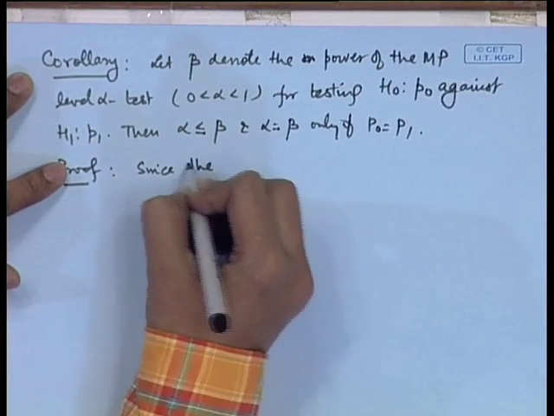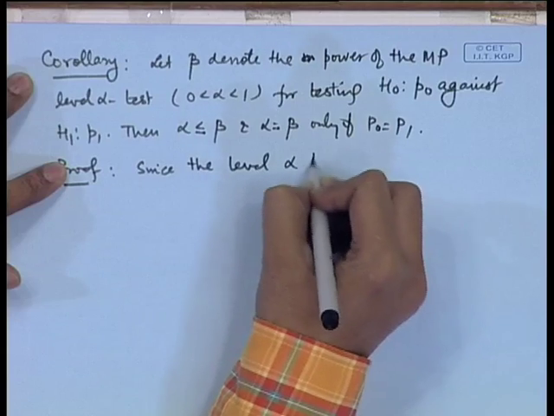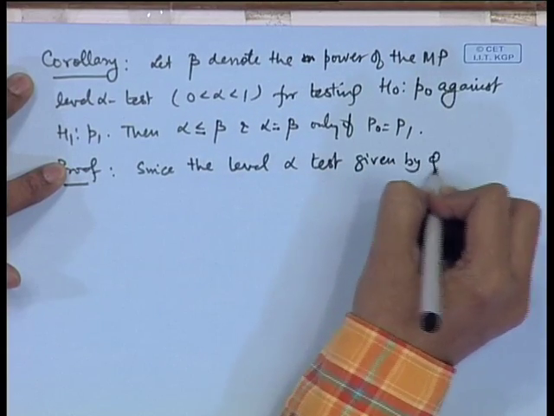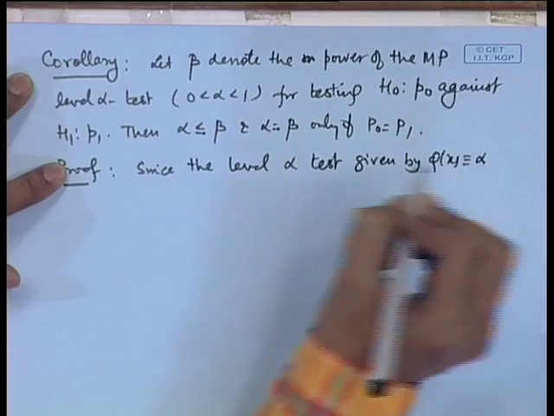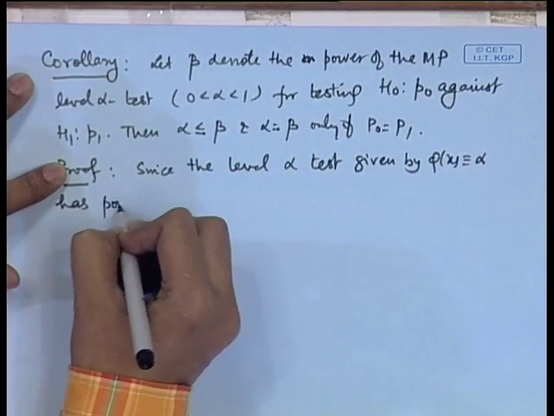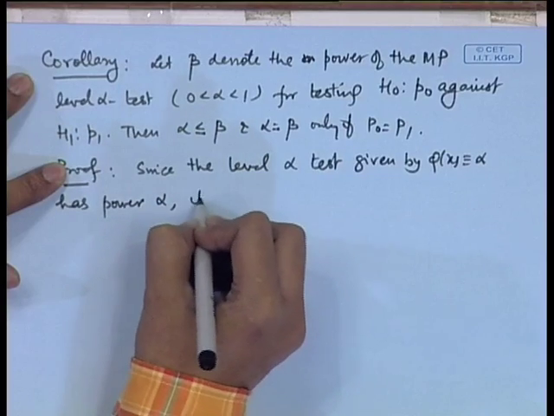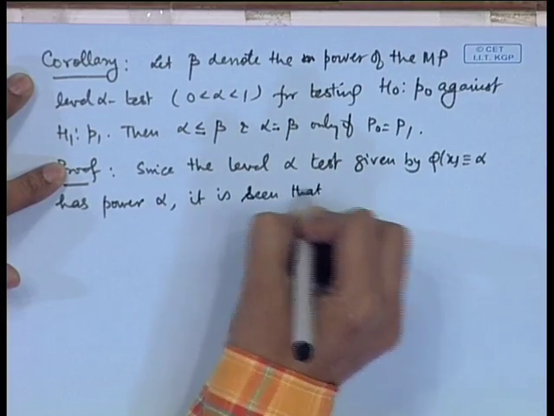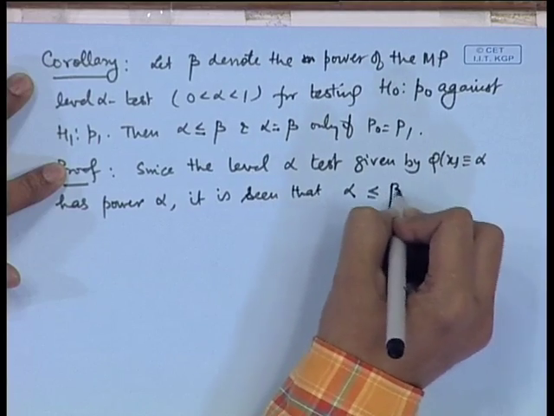Since the level alpha test given by phi x is equal to alpha, that means throughout this has power alpha, it is seen that alpha has to be less than or equal to beta.